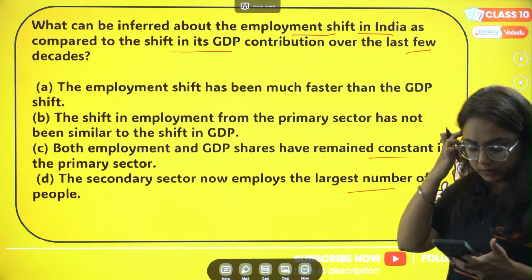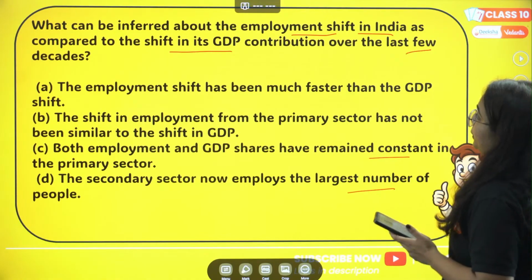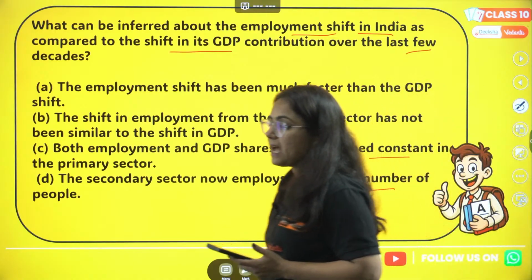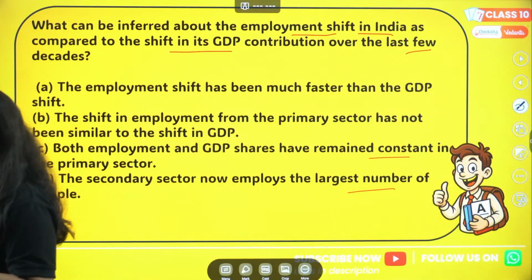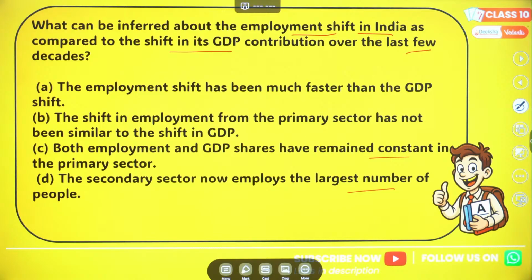Okay, so here the question is about the shift in the GDP as well as employment. GDP and employment. Choose the correct option. Answer fast.